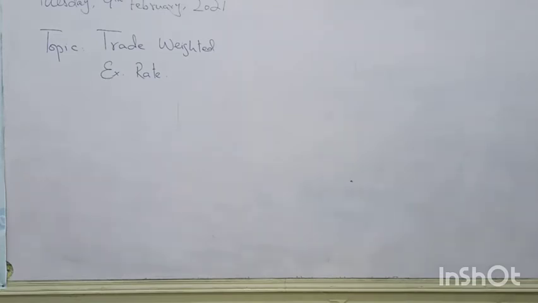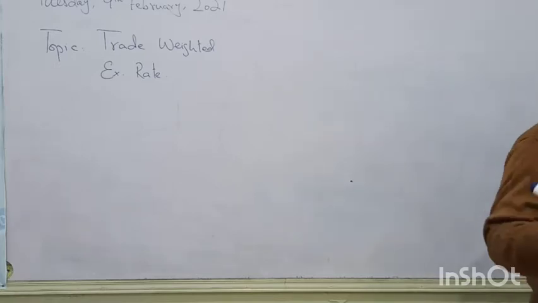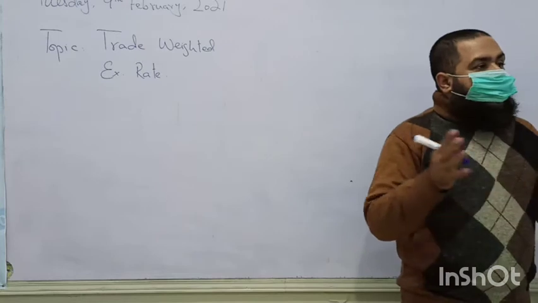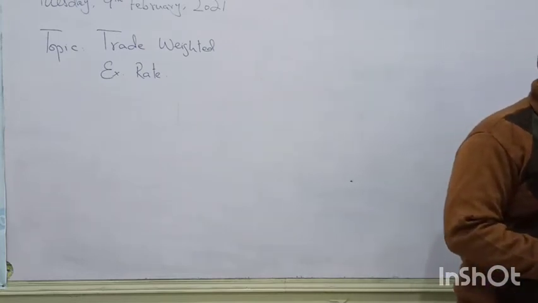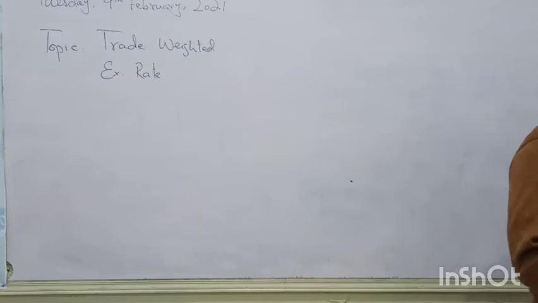At the same time, if we are buying oil from Saudi Arabia, we need to make payment in Saudi currency. So how many currencies are being exchanged with the Pakistan rupee in one day? It depends upon how many trade partners we have in our basket of goods.